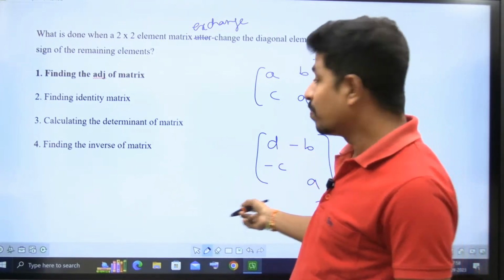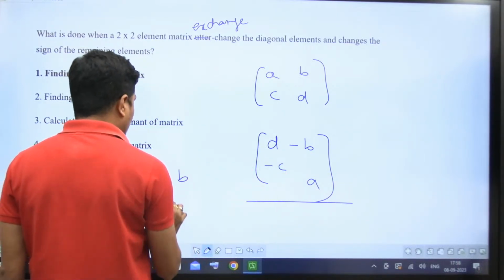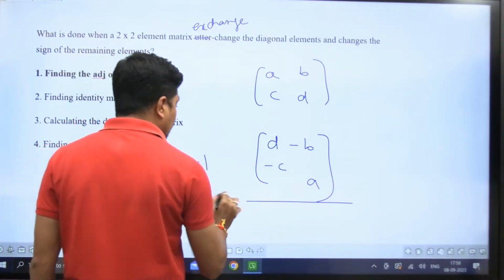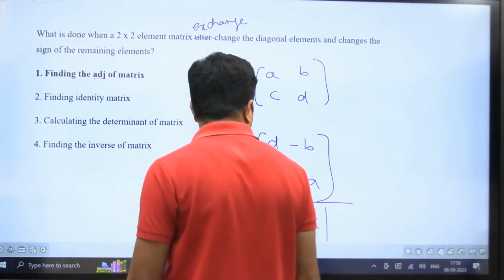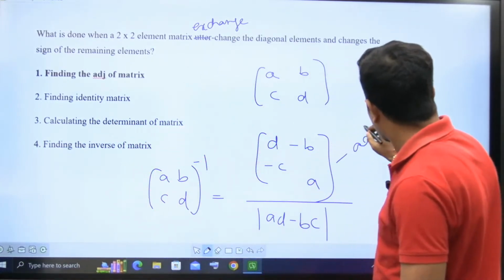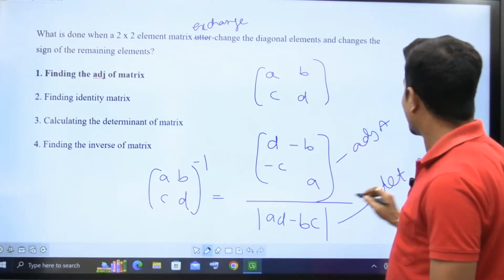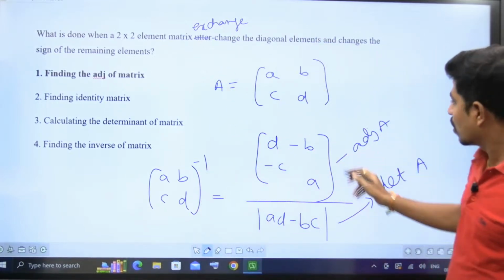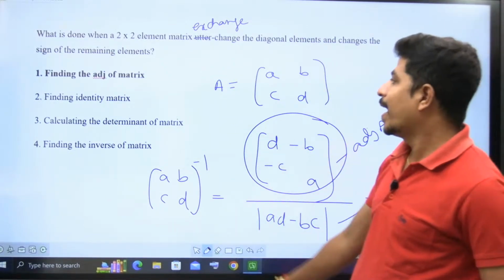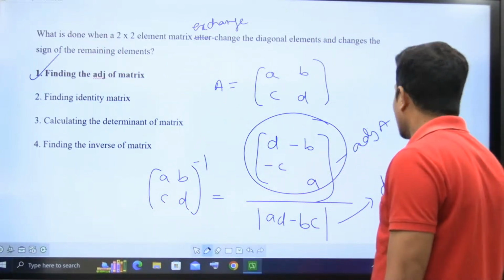Then this is simply the inverse of ABCD, which is adjoint A by det of A, where det is AD minus BC, taking this matrix as A. So this process is nothing but finding the adjoint of the matrix. Let's go to the next question.